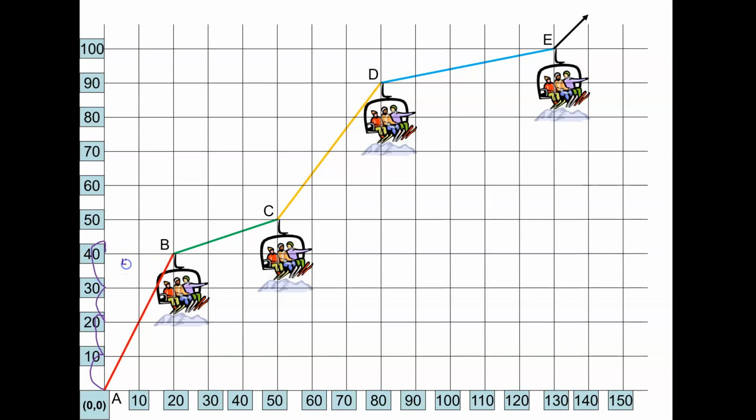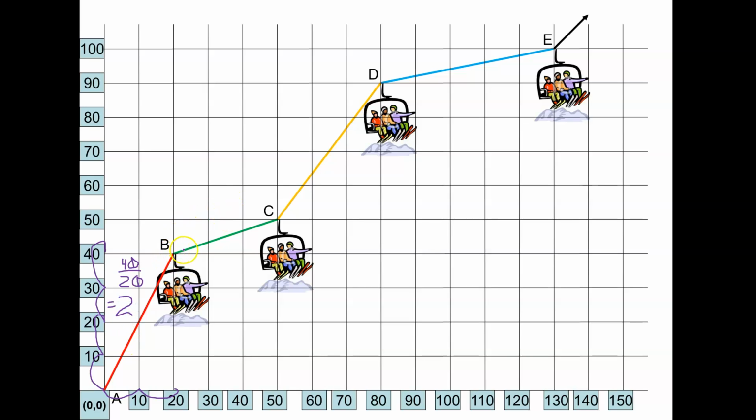So we have gone up by 40. That's going to be our numerator. Our denominator is going to be how long horizontally it took us to get there. Starting from A, to get to the peak, we go over 10, 20 feet. So our ratio is 40 over 20. This looks like a fraction, and fractions can be simplified. 40 over 20 simplifies to 2.